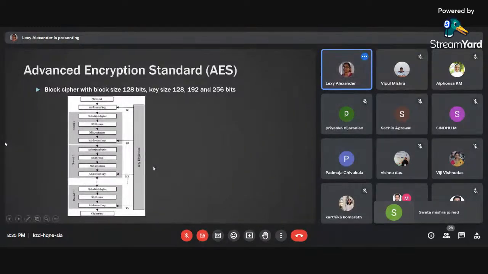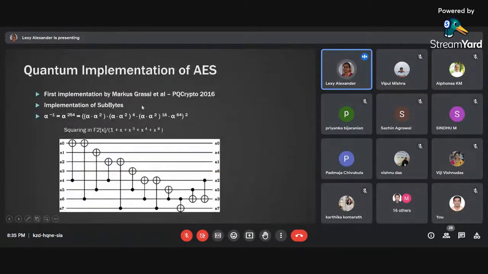Now, to apply the Grover attack on AES, we have to implement AES on a quantum computer. So how will we do a quantum implementation of AES? I'm not giving full details of that. This is done in a paper by Markus Grassl et al., in PQCrypto 2016.